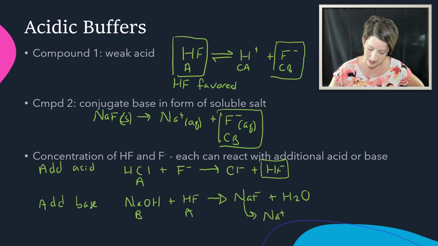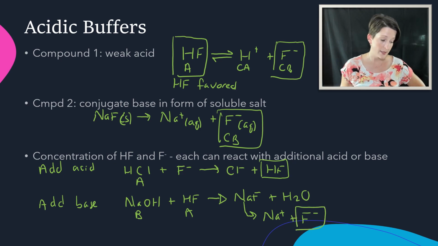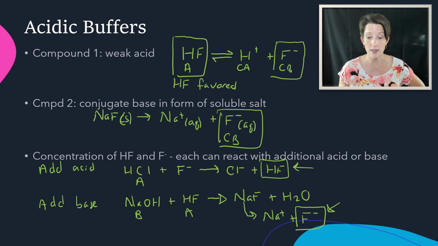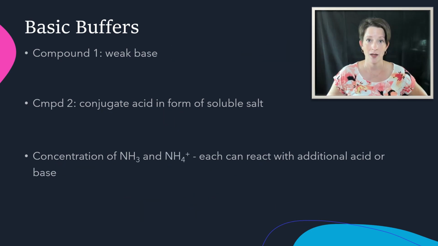So that's going to just dissociate again. It's not going to solidify out, therefore reforming more conjugate base. This process of reforming the two components that are required in this buffer system is what allows the buffer to work. So what you need is a weak acid, and you need the conjugate base of that weak acid, so the anion, in a soluble salt format.